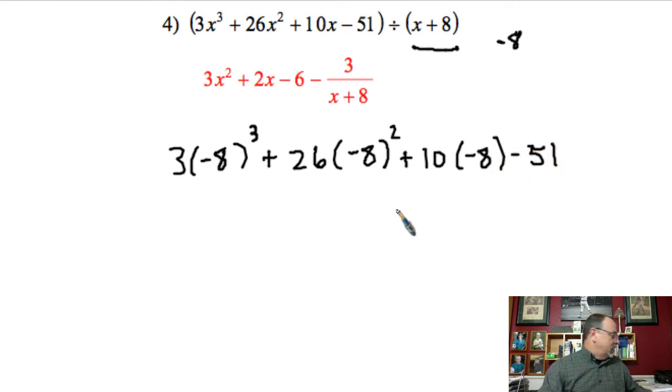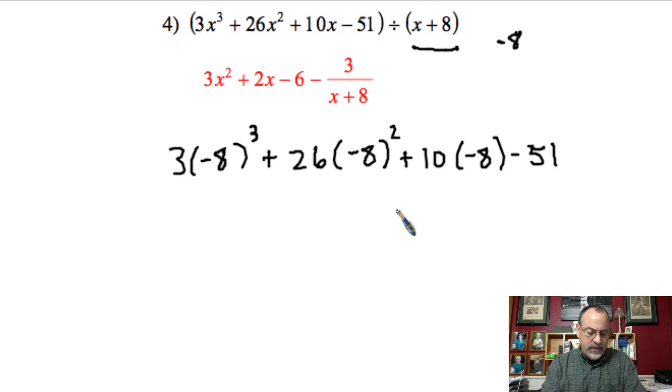Now this one I'm going to need my calculator on, so let me try and find it. Oh, here we go. It's hiding under my textbook here. So if you remember, on your calculator, if you use the store key right here, we can store that negative 8 as our x value, and then I just have to enter in the expression, and it will give me the answer. So I'm going to do negative 8, store that as my x value, and then I'm just going to enter in the polynomial.